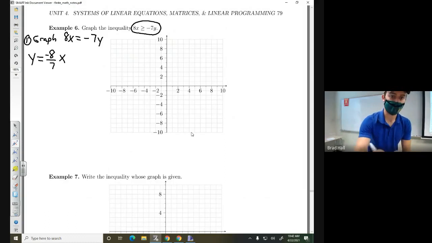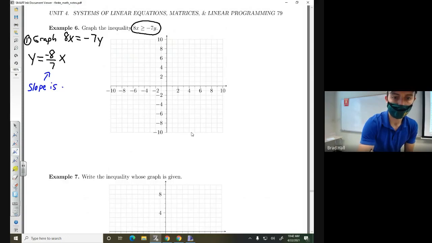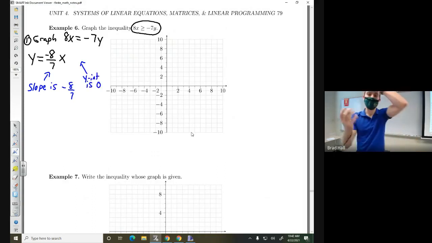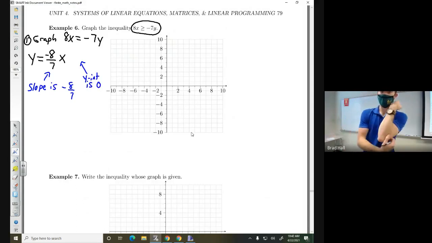So we have to do this. So the slope is negative 8 over 7. The y-intercept is actually 0. There's no plus anything. So it's 0 by default.